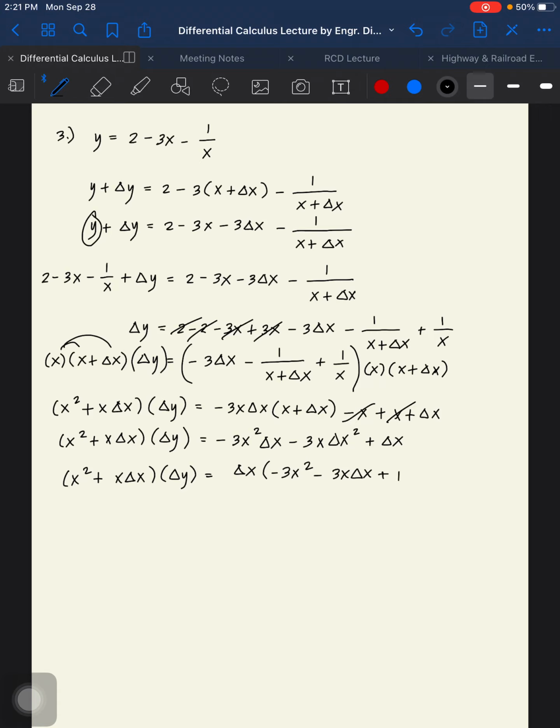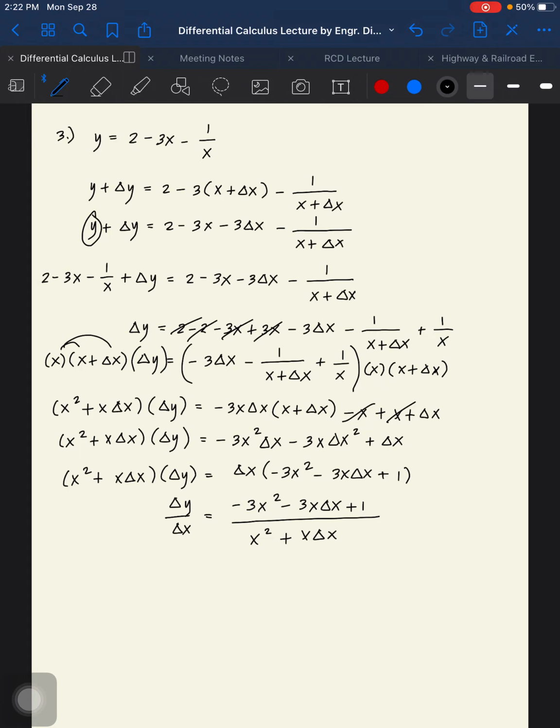It becomes plus 1. Observe that finally we can have the ratio of delta y and delta x. So we have delta y over delta x equals negative 3x squared minus 3x delta x plus 1 over x squared plus x delta x.